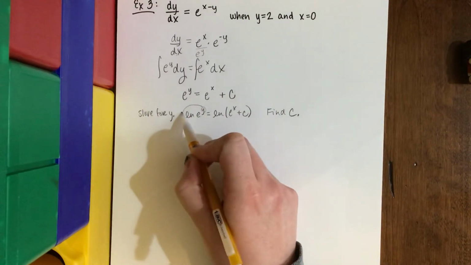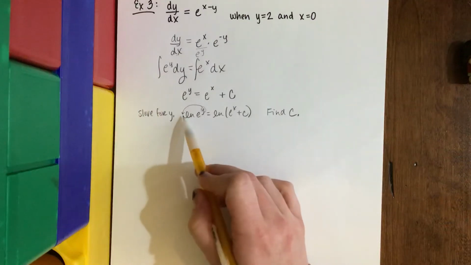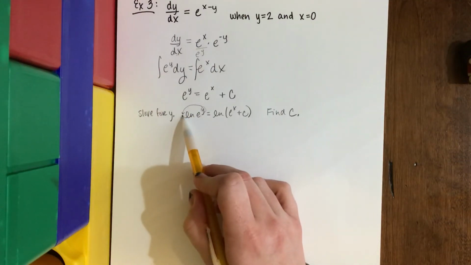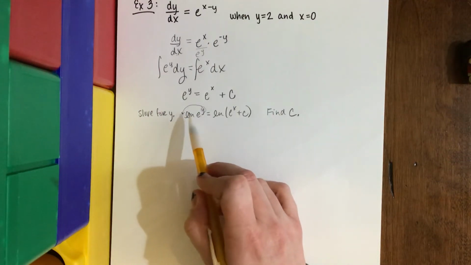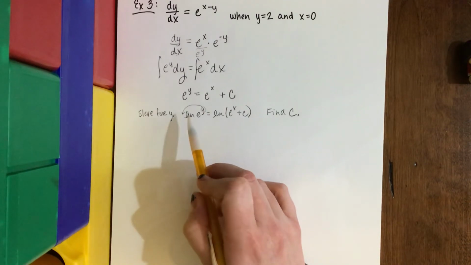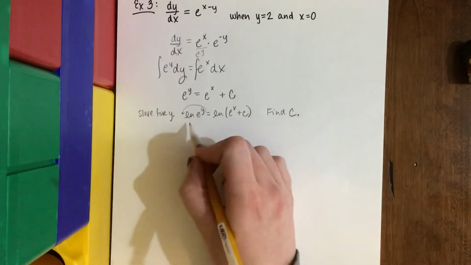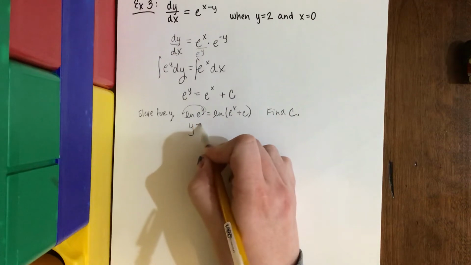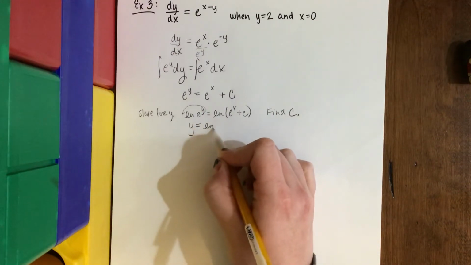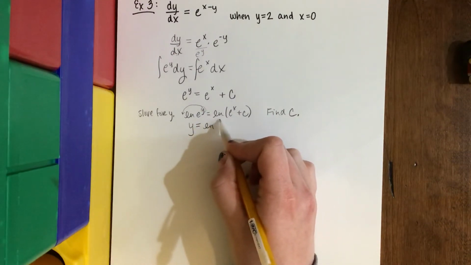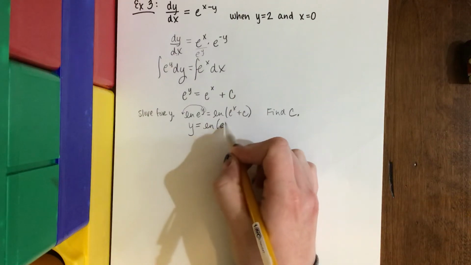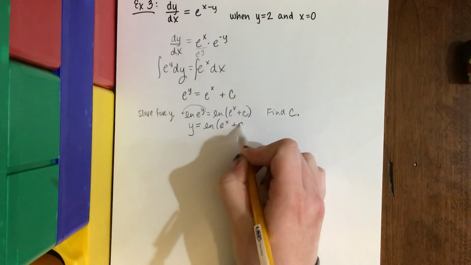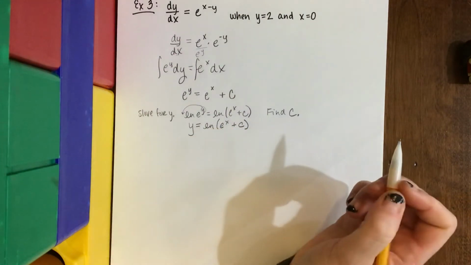For those of you that don't remember that property, the other way to think about it is if you took the y and moved it to the front, then we have y times the natural log of e. The natural log of e is 1. So now we're left with y equals the natural log of e to the x plus c.